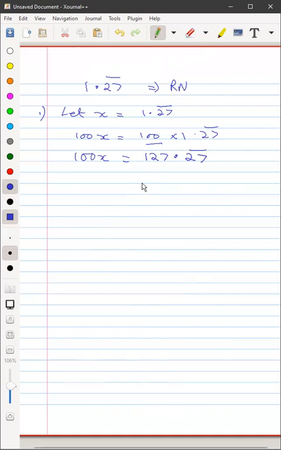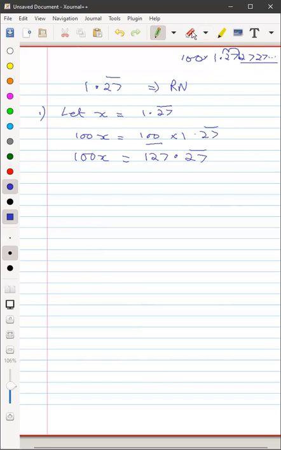Sir, do we have to multiply 100 into the actual number? The actual number is 1.272727 continuing, right? So multiply by 100 and the decimal shifts here: 127. And then we have to write 27 bar after. Yes, obviously, because when we multiply, 27 will continuously repeat itself, right?